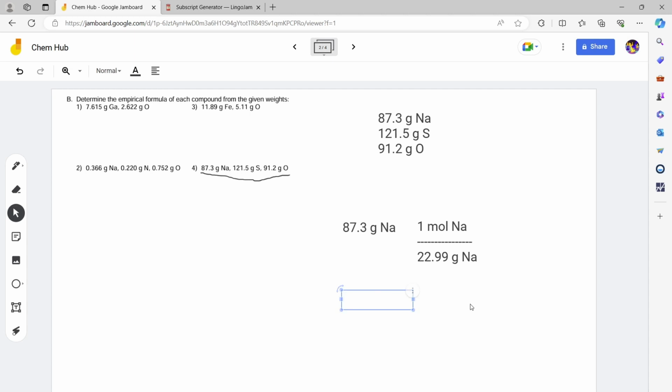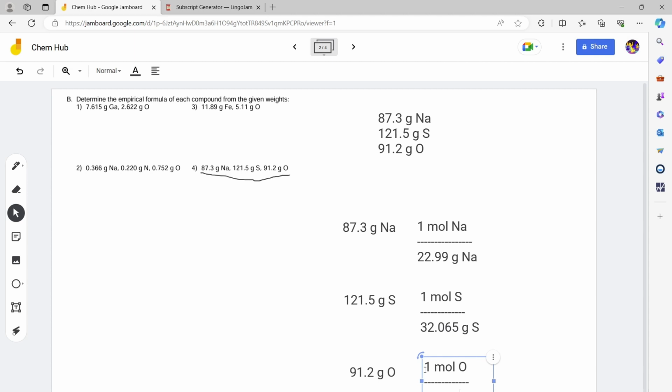Next for sulfur, we have 121.5 grams of sulfur multiplied by 1 mole of sulfur over 32.06 grams of sulfur. And lastly, we just have 91.2 grams oxygen multiplied by 1 mole oxygen over 16 grams of oxygen. So again, we're just using the molar masses that are present in the periodic table. And so now we just have some calculator work to do.